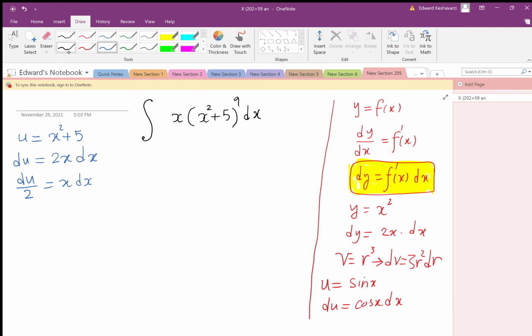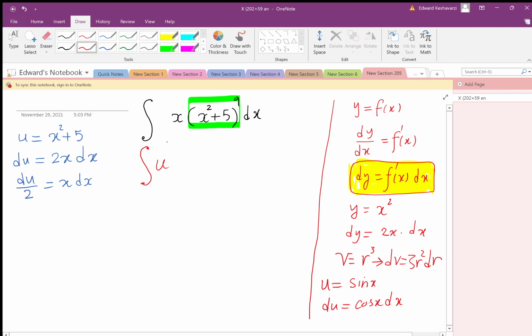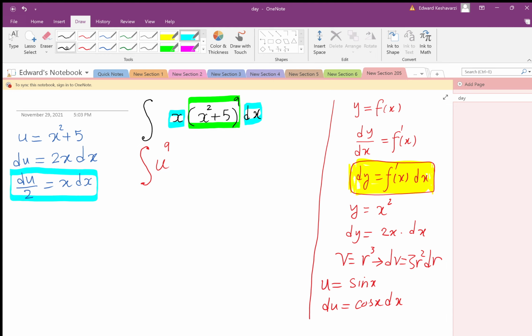Now let's rewrite our integral in terms of u alone, no more x. So this green part can be written as u to the power of 9. And these two together, the blue ones, x dx together, according to this, equal du over 2.